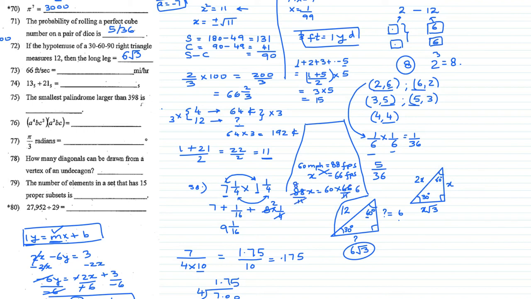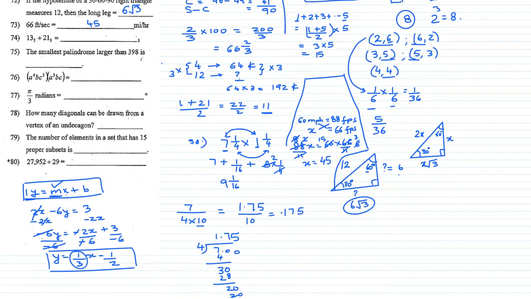So we can further simplify this by dividing both sides by 4. We get 2 over here and we get 15 over here, and then we can divide both sides by 2 and we get 3 over here. So x is equal to 15 times 3, which is 45. So the answer is 45 miles per hour.